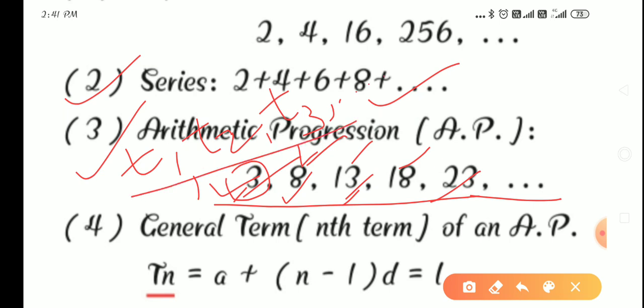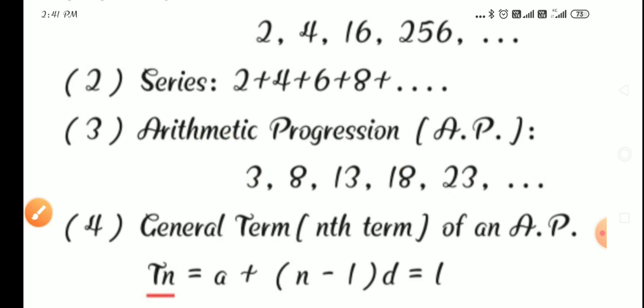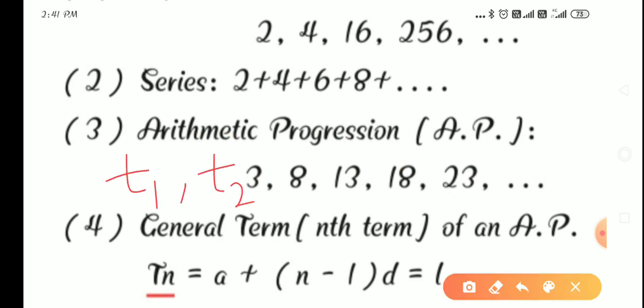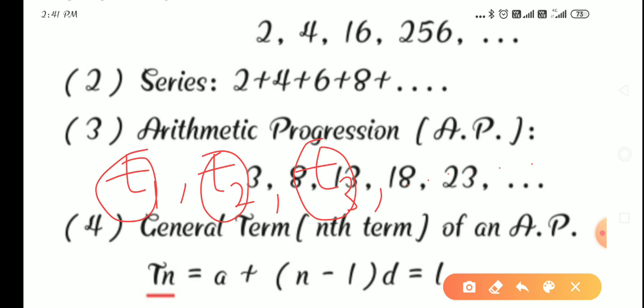T1 means first term, T2 means second term. T1 means the first term is 3, T2 means the second term is 8, T3 means the third term is 13 in the given AP. So like this you can denote the terms.